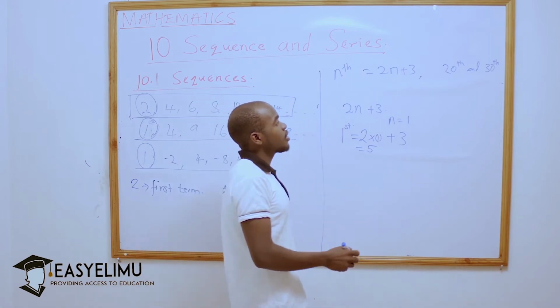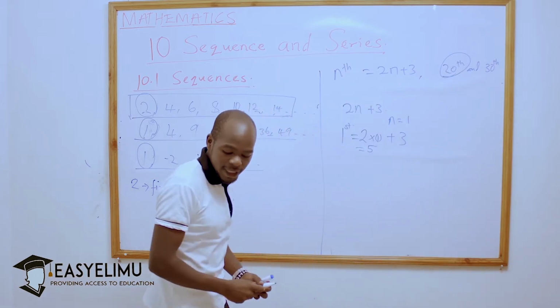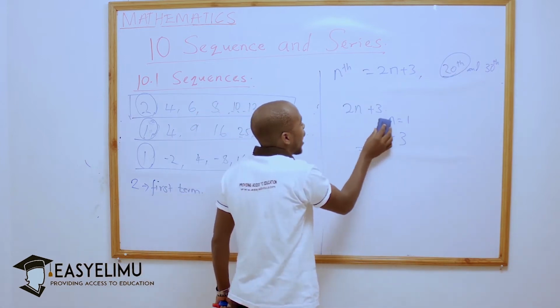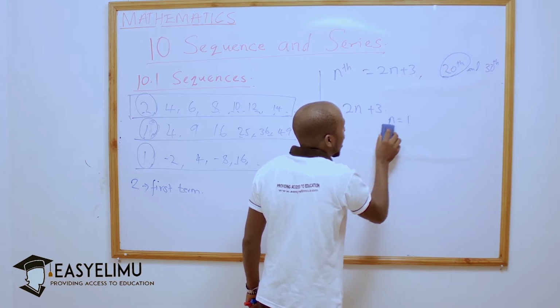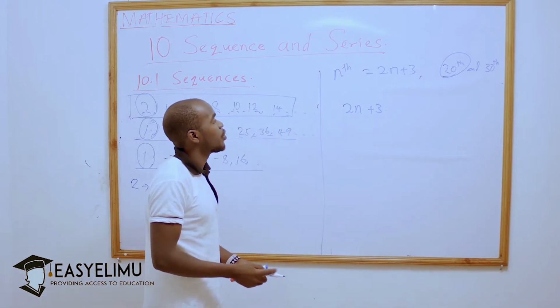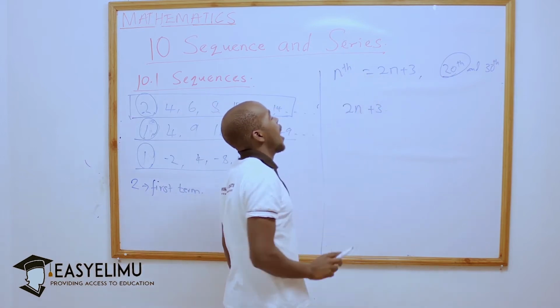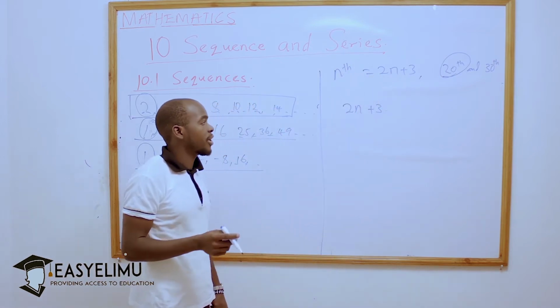But we have been asked to find the 20th term. If it is the 20th term, n represents the number which we are seeking. The nth term is found by replacing n by the term number, and then we add 3.